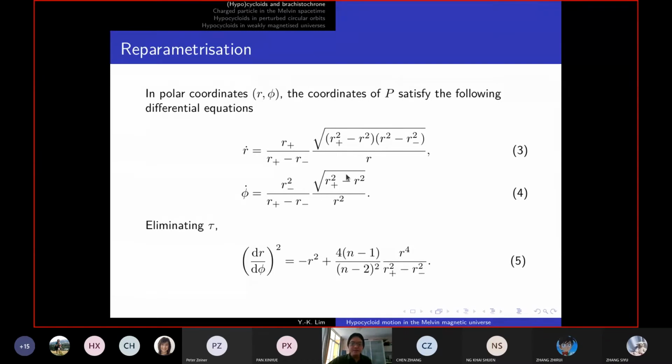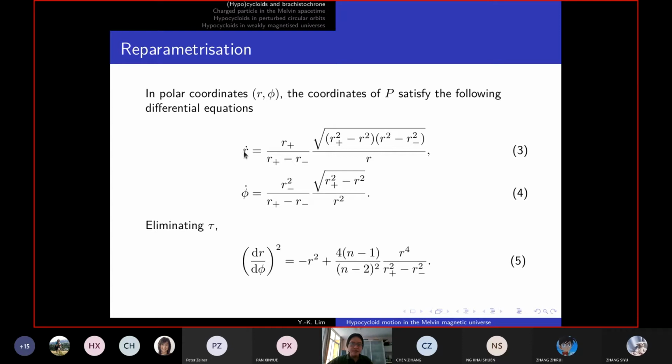This is an interesting opposite situation, because normally we have a differential equation and want to solve it to get the solution. But now, with the solution, I actually just want the differential equation. So these are the three important equations describing hypocycloids. We will refer to this a lot later, so try to keep this in mind.